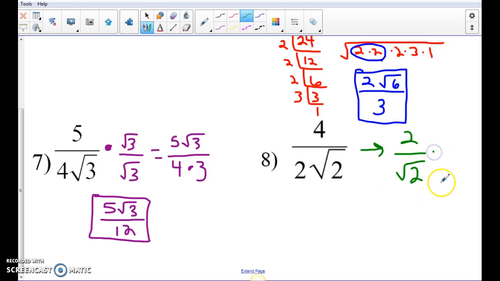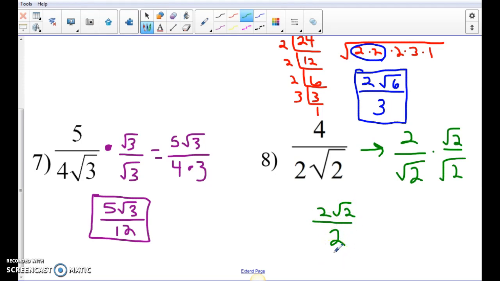So let's multiply by radical 2, and we'll also multiply by that on the top, and we'll just multiply straight across. So again, we have 2 times a radical 2, so we're just going to write those right next to each other. And then on the bottom, anytime we multiply a radical by itself, we get rid of that radical, so it's just 2. So now I have 2 radical 2 divided by 2.